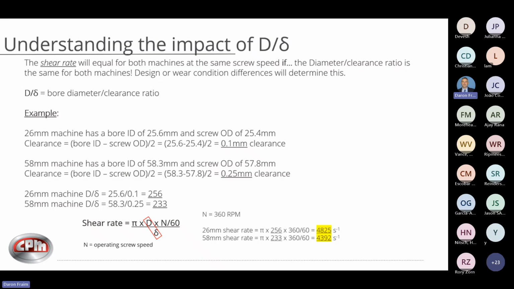And so one thing that's important to understand is the shear rate will be equal for both machines at the same screw speed if the diameter to clearance ratio is the same for both machines.